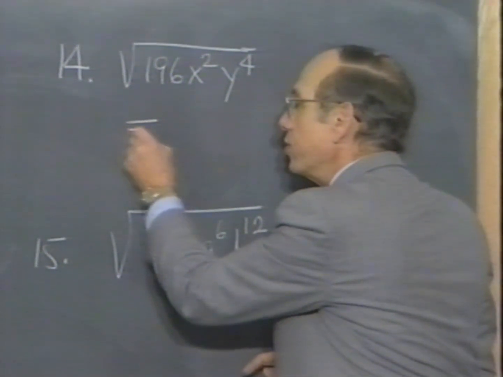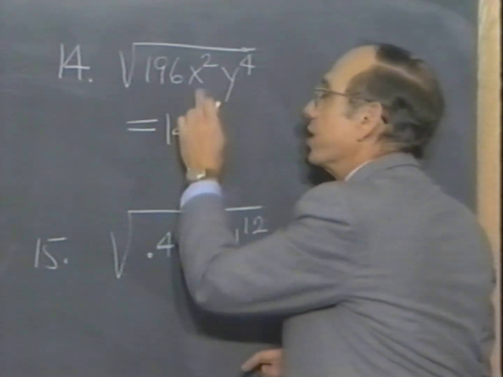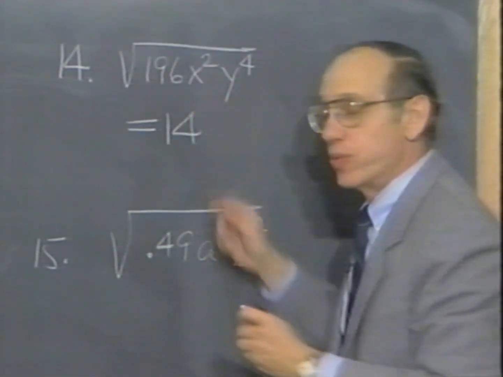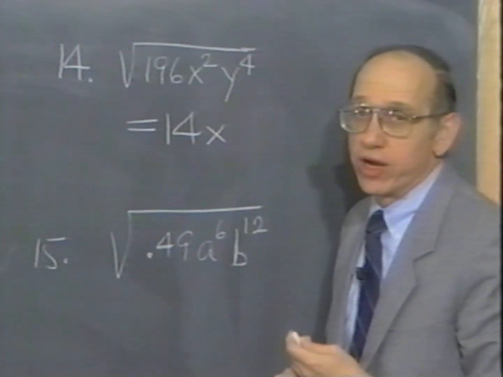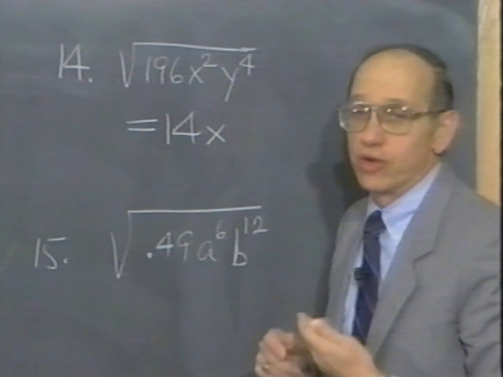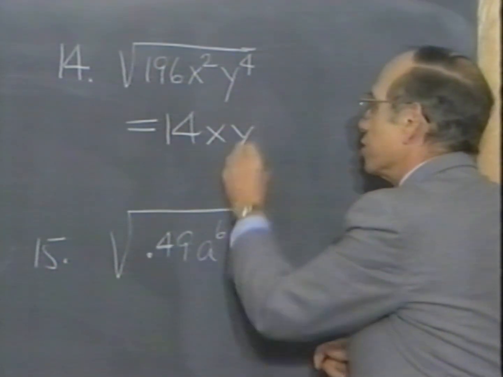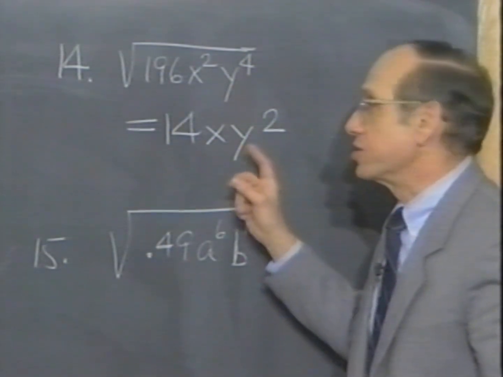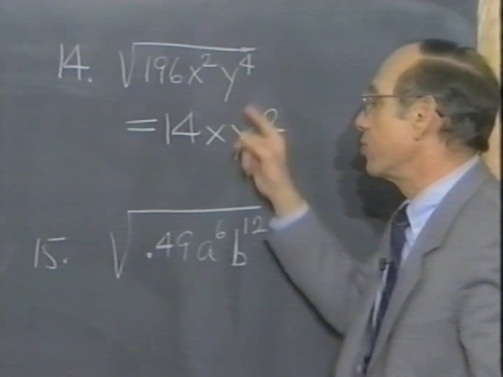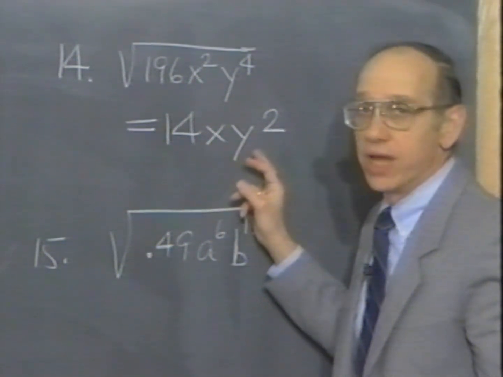So the square root of this is going to be 14 times. Now, to get x squared, you must have had a factor x. And to get y to the 4th, well, what's y to the 4th? It's y squared times y squared. So this is 14xy squared. Square root of 196x squared y to the 4th is 14xy squared.